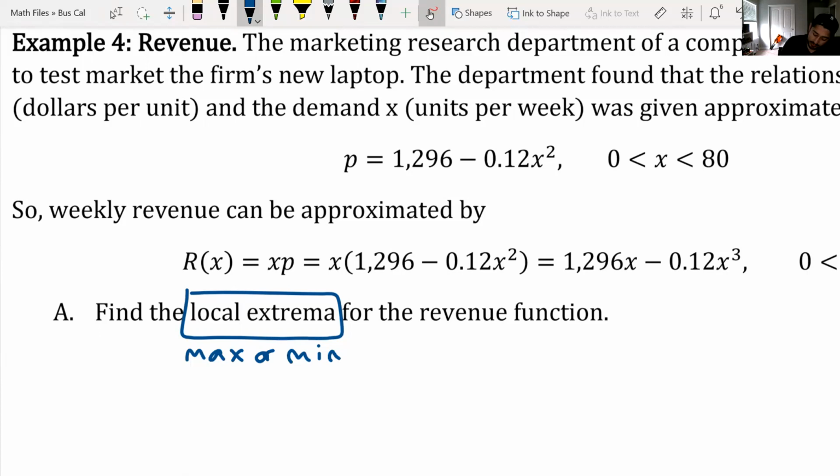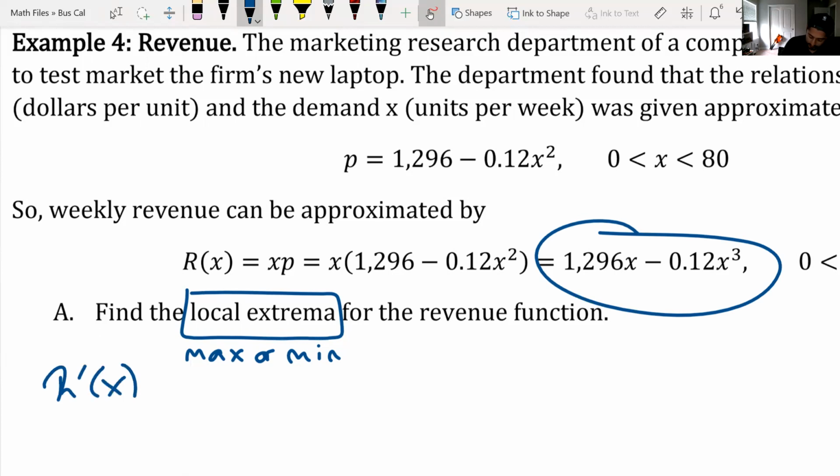So let's do it. So we are taking the derivative of that function over there, 1296x minus 0.12x cubed. So r prime is going to be equal to 1296 minus 0.12 times 3, that's 0.36x squared.